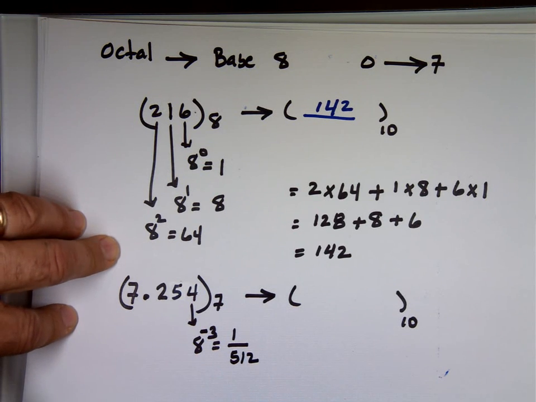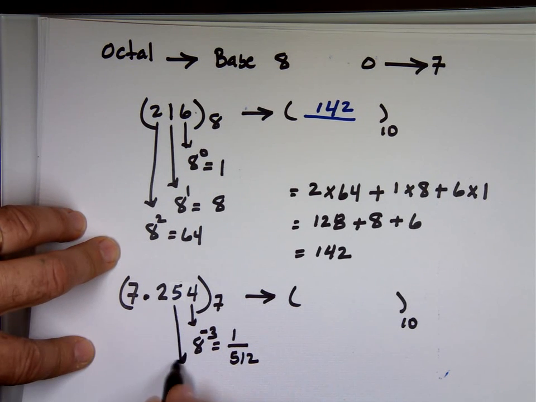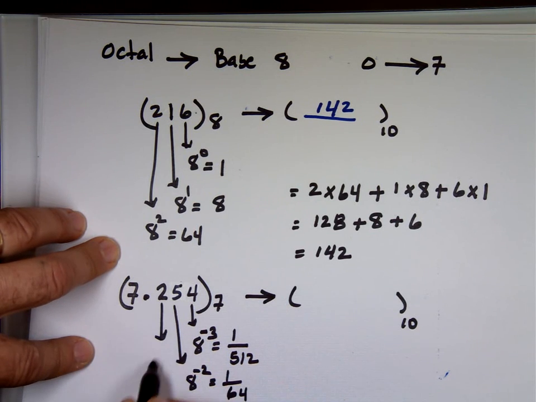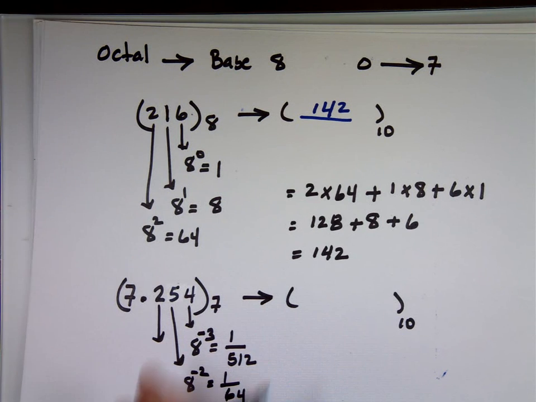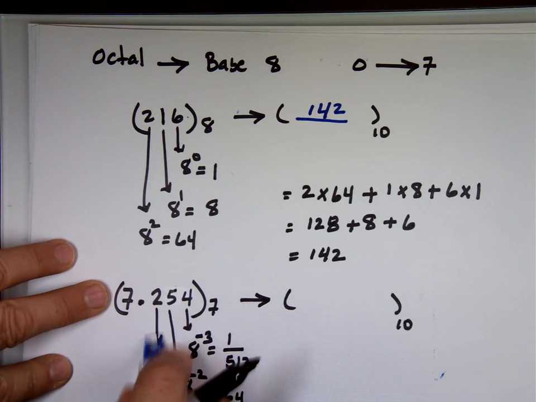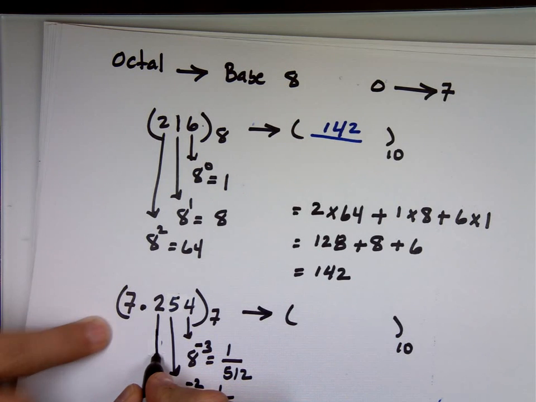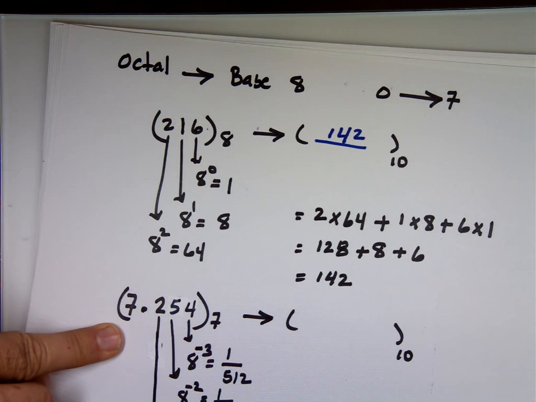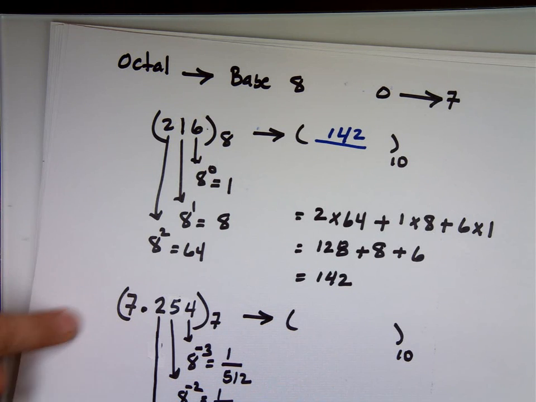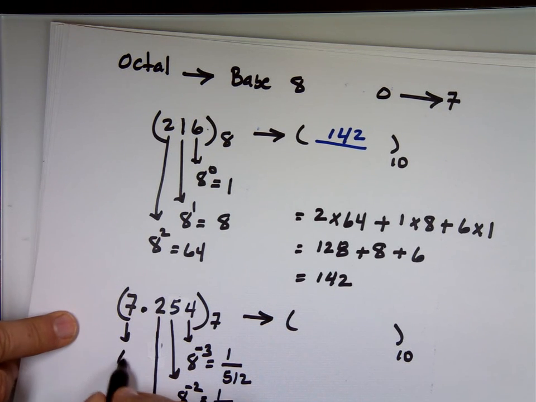This is 8 to the minus 2, 1 over 64. Oh, it was 8 to the minus 2, then 8 to the minus 1, which is 1/8. And this is 8 to the 0, which is 1.